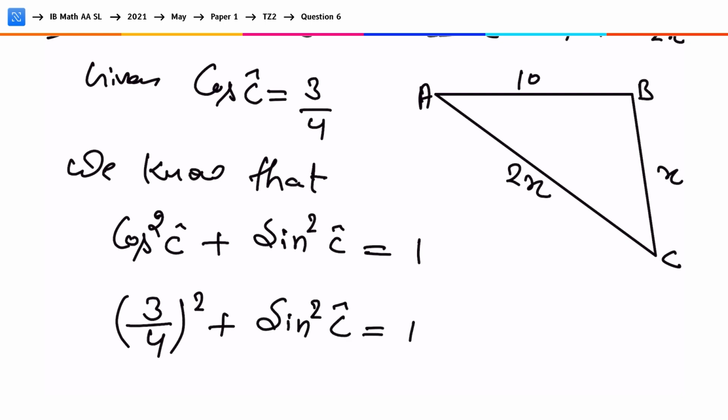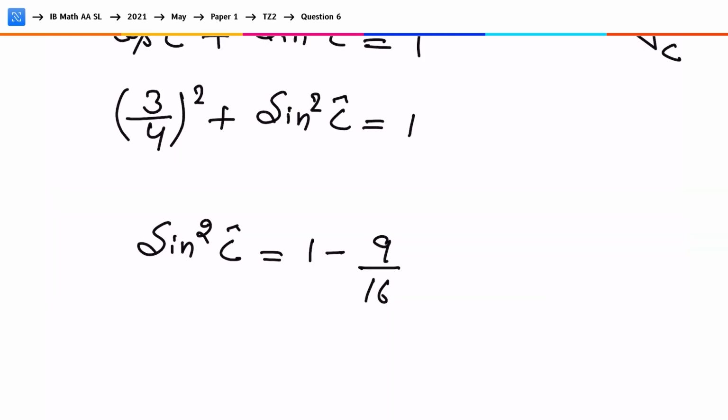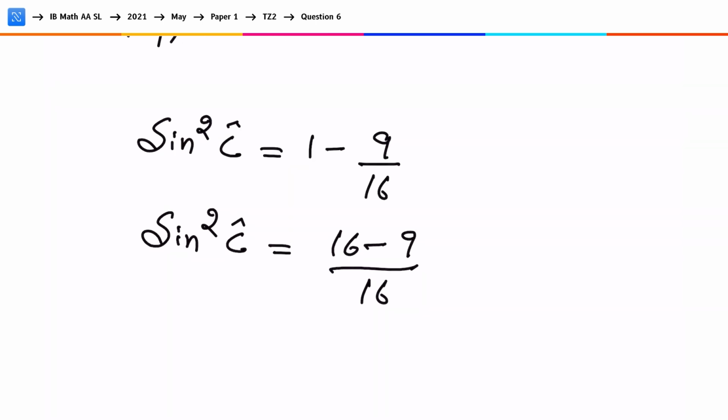Therefore, the square of the sine of angle C is equal to 1 minus 9 divided by 16. The square of the sine of angle C is equal to 16 minus 9 divided by 16, which is 7 divided by 16.